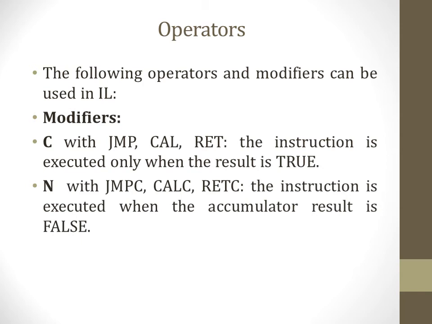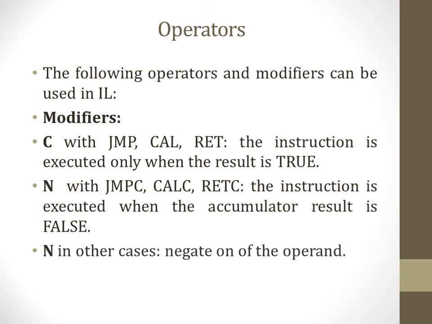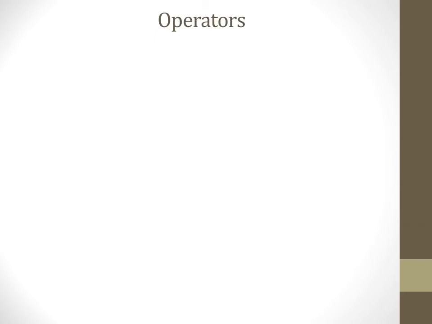N with operator jump, call, return: the instruction is executed when the accumulator result is false. And in other cases, negate the operand. These are the main modifiers of this language.